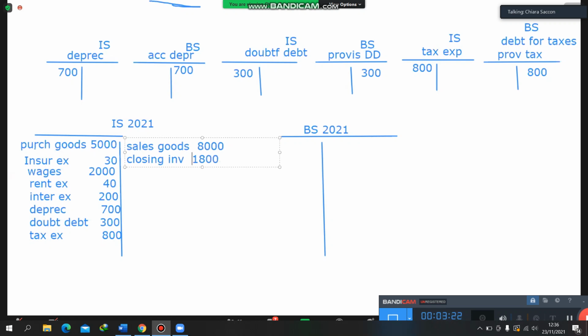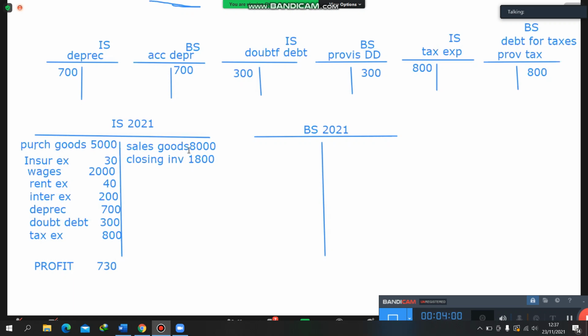Now, the difference between revenues that are greater than expenses is 730, as Gioia was saying. So the profit that we write here in order to balance the two sides of the income statement is 730. Okay, this is the final result.